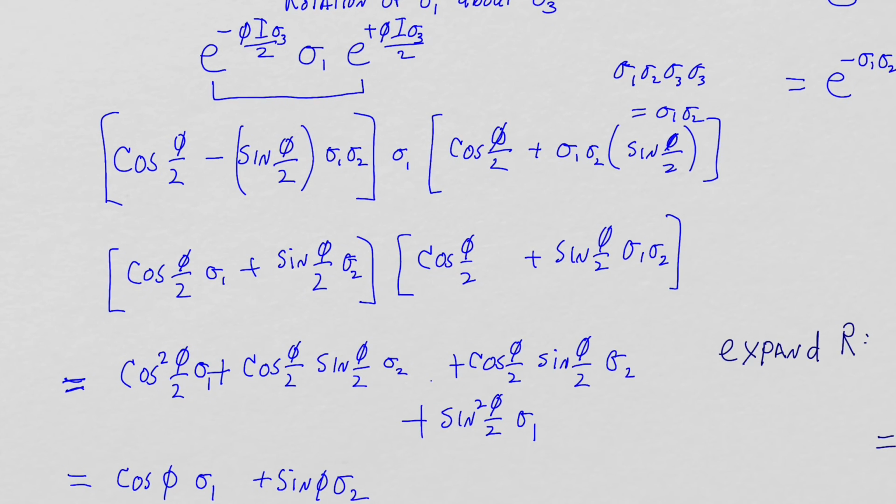And then likewise, this rotor using its Euler form becomes this thing right here. Notice sine of phi over 2 is a real number, so whether it's on the left or the right of sigma 1, 2 is irrelevant.